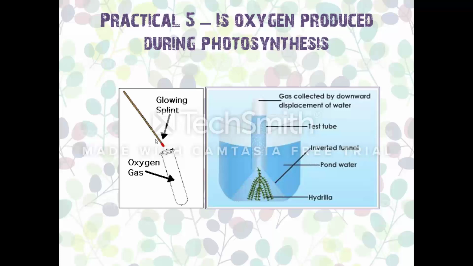It is literally, if I expose it to oxygen, it's going to ignite. So in this case, when I take this test tube and I expose it to a glowing splint, the splint is going to light up, showing that oxygen did in fact take place. And that is how we prove that oxygen was produced during photosynthesis.